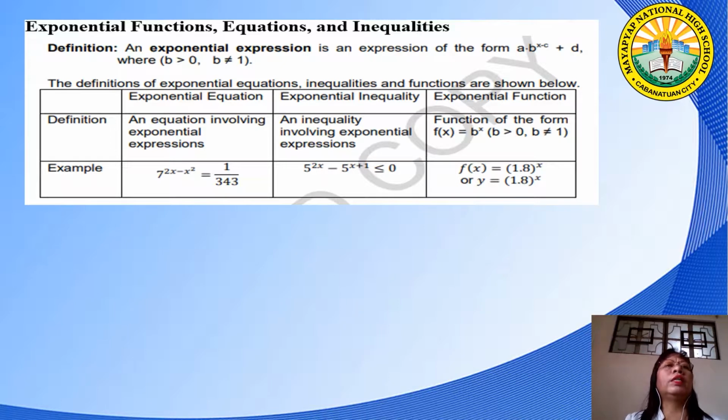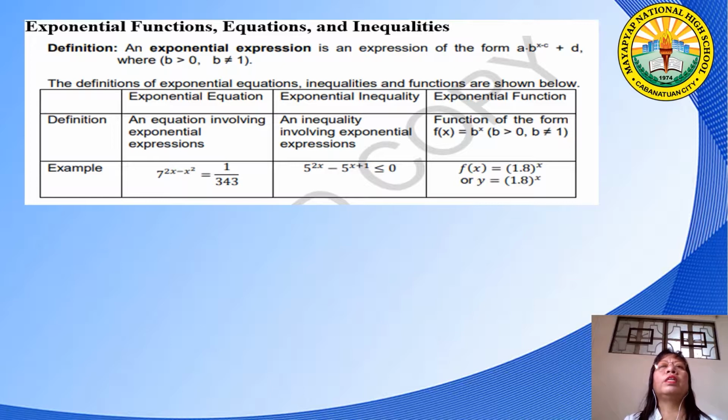An exponential equation is an equation involving an exponential expression. An example is 7 raised to 2x minus x squared equals 1 over 343. An exponential inequality is an inequality involving an exponential expression. For example, 5 raised to 2x minus 5 raised to x plus 1 is less than or equal to 0.